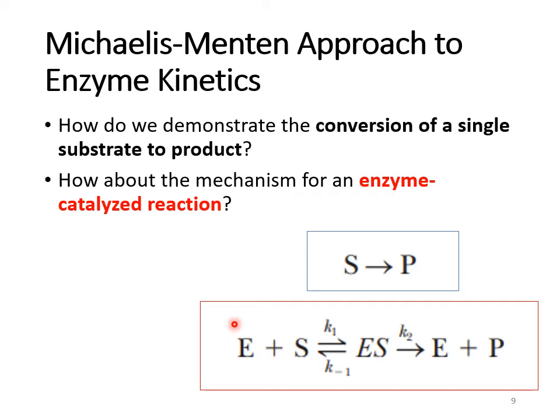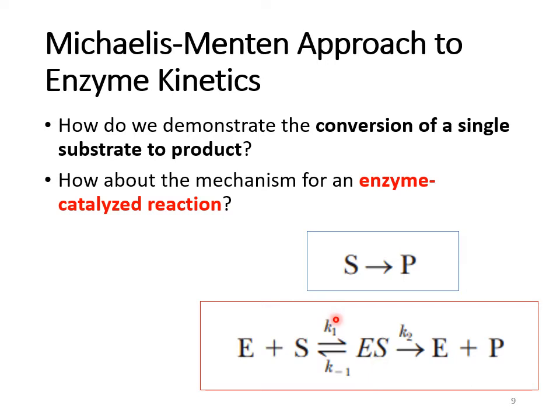So when we're looking at an enzyme catalyzed reaction, which is the one down here, when you see the letter E, this represents an enzyme that does not yet have any substrates bound to it. So this is just the enzyme, and the S is just the substrate. And when you put them together, now you have an enzyme substrate complex. So whenever you see ES, it means that an enzyme has substrates currently bound to it.